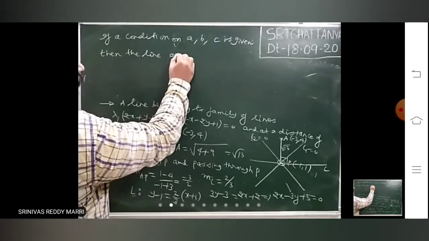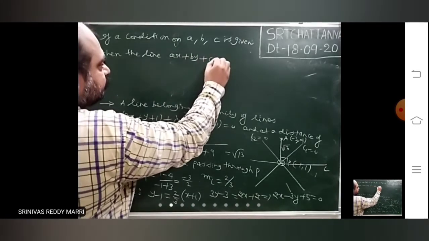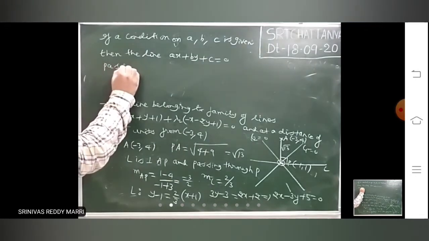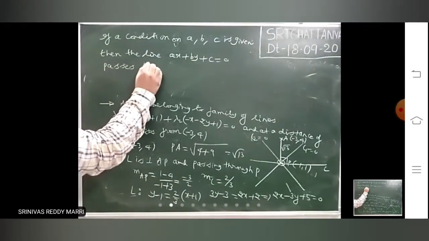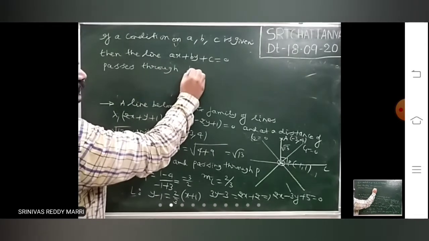He will ask like this: the line AX plus BY plus C equal to 0 passes through. These models are very important for the exam.